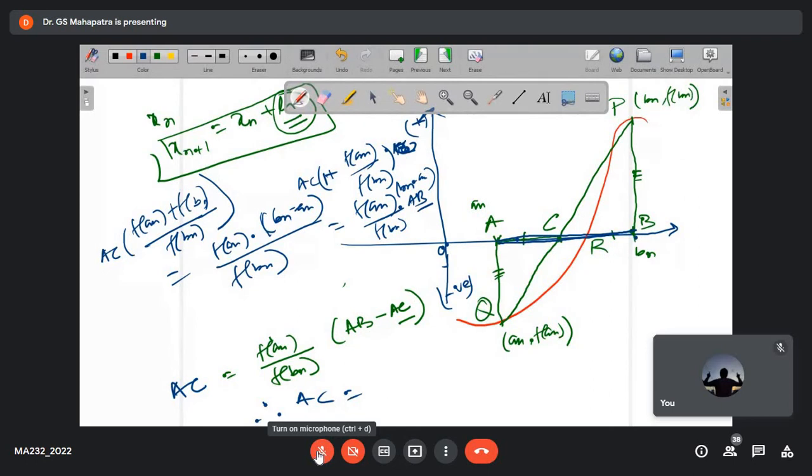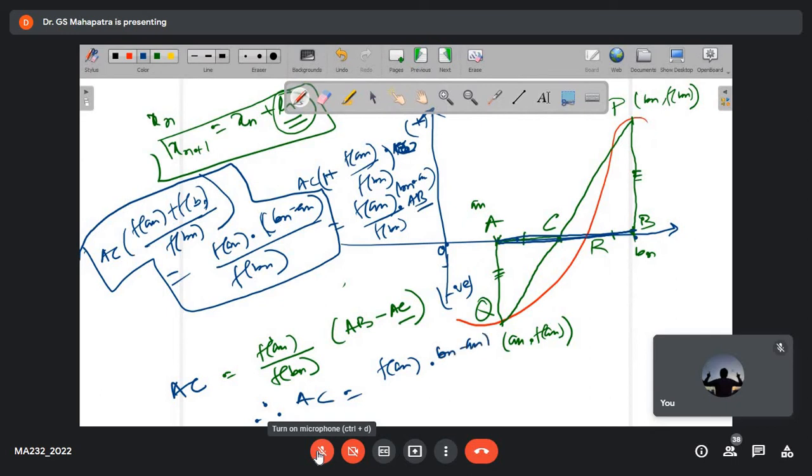So for that purpose, simplifying this expression, AC equals to f of An into Bn minus An, with modulus taken on all, divided by f of An plus f of Bn.